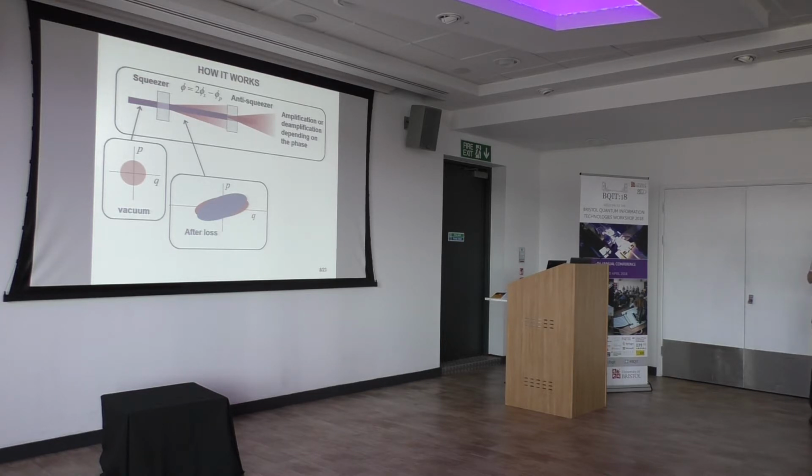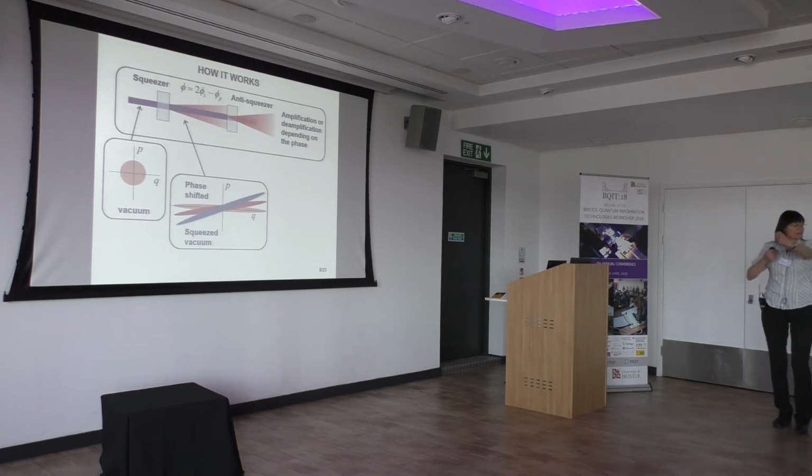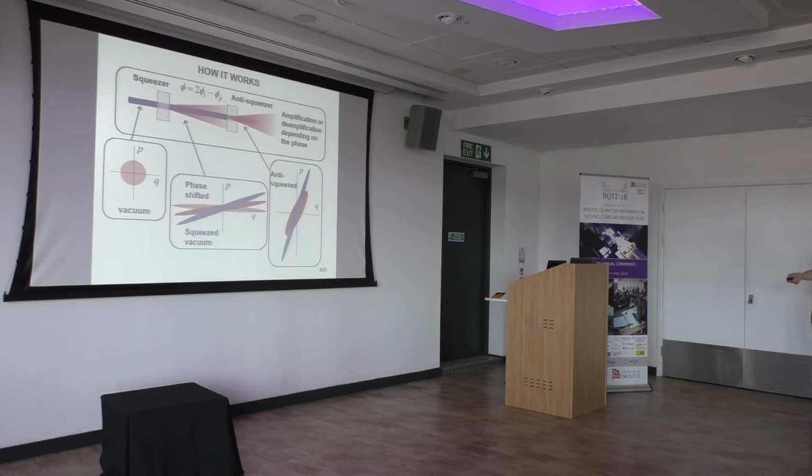However, before registering this light, before measuring, we apply another anti-squeezing. So the first time we squeeze, we stretch this state along the horizontal line, but the second time we stretch it along the vertical line, and then the result will depend on the phase.